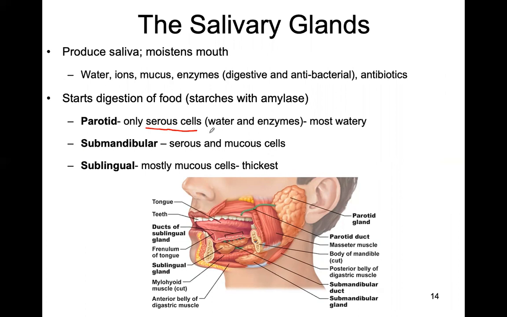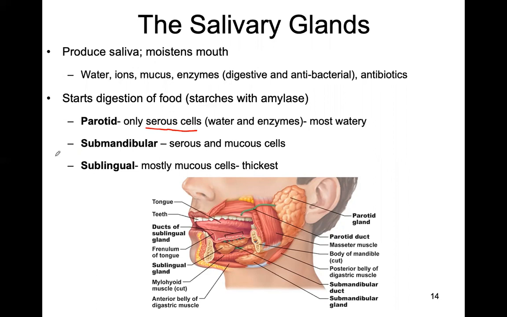If you think about or even eat something that's super sour, your mouth gets really watery. And if something is really pushing the boundaries in terms of sourness, you actually will feel pain on the side of your face because these parotid glands are going to release a significant amount of saliva into your mouth, and that's where that pain comes from.